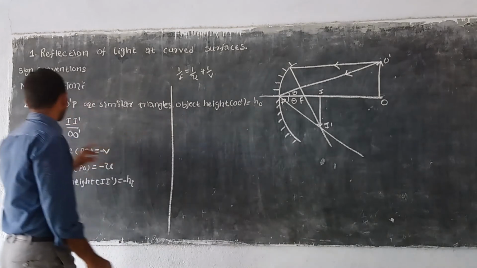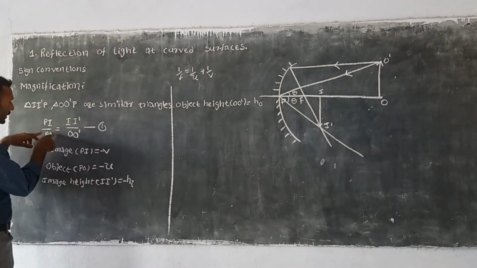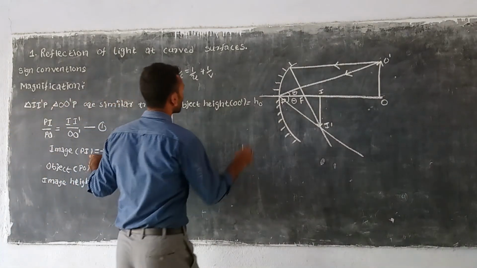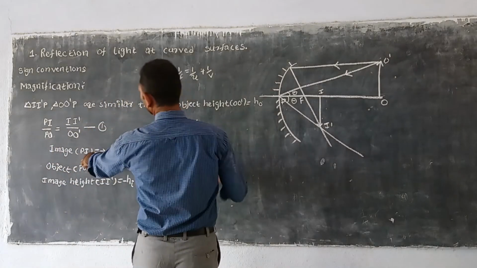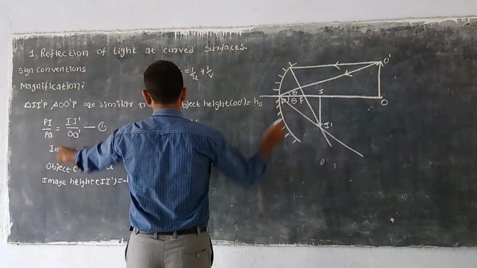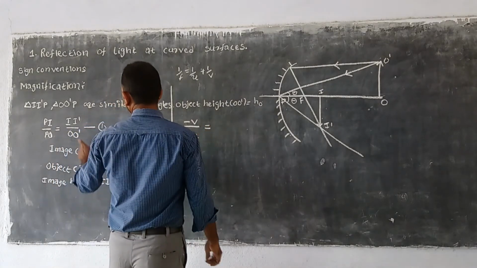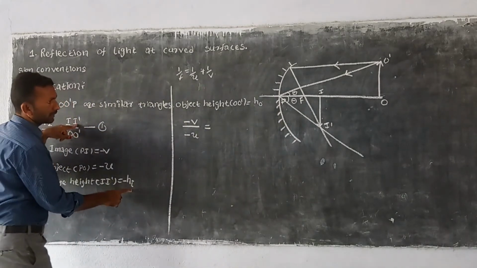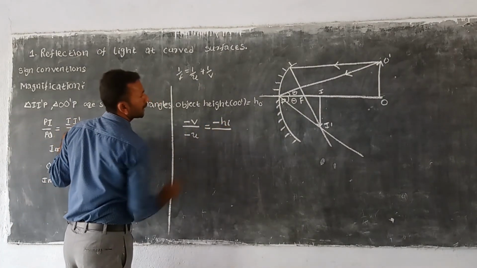Substitute all these values in equation 1. PI equals minus V, PO equals minus U, and I dash I equals minus HI, the height of the image.